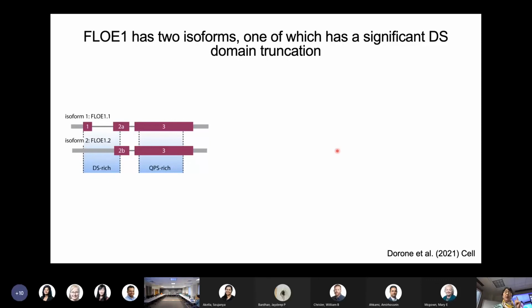Flow1 gene actually naturally makes this DS-less allele as an isoform. So the gene is alternatively spliced and makes two forms of protein. The long form that I've told you about, and then the short form that's essentially missing that DS region.